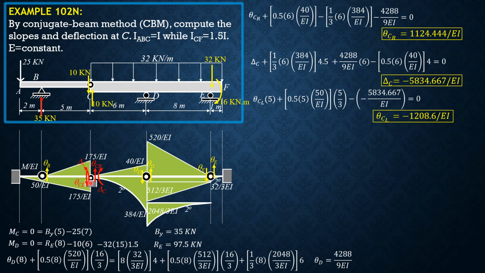Then minus delta C, minus negative 5834.667 over EI, equals 0. So we can now solve theta C left. Theta C left is equal to negative 1208.6 over EI. So that's it for this problem.